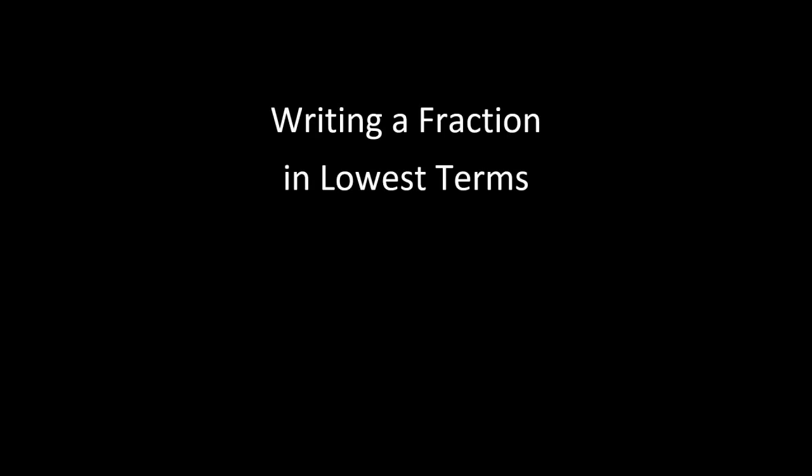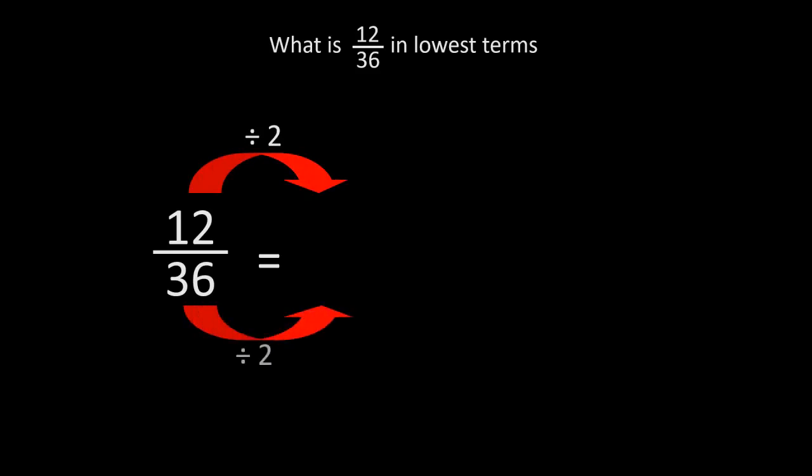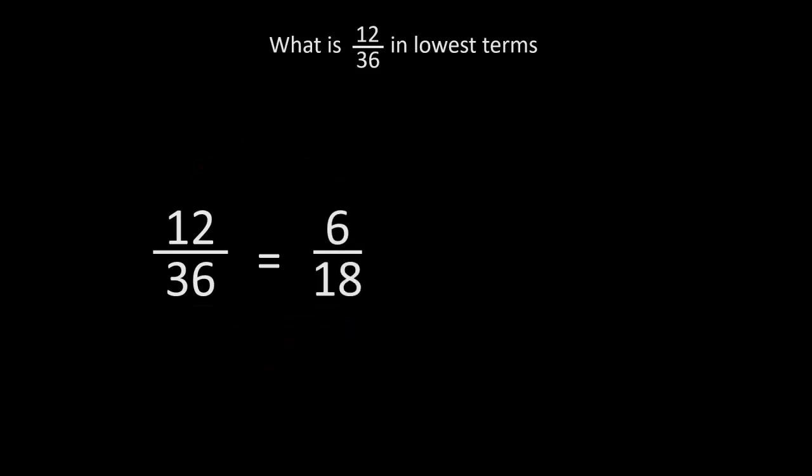So now we're going to look at how we write a fraction in lowest terms. So let's say we had 12/36. They're both even, so we can certainly divide them both by 2. Now you might have spotted a higher number that goes into both of them, and we'll look at that in a second. So that gives us 6/18. Now they're both even, so we can divide top and bottom by 2.